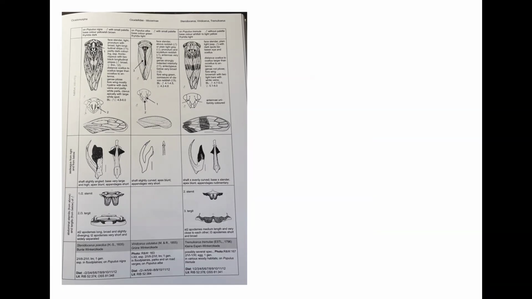And all of the rows have a common theme, in the sense that the top row is the whole insect and the various bits of the external features that are important, and then underneath various features of parts that need to be dissected out and so on. And then at the very bottom, some information about food plants and seasonal distribution and so on. All of the species have got exactly the same format, so you can compare them across the columns.